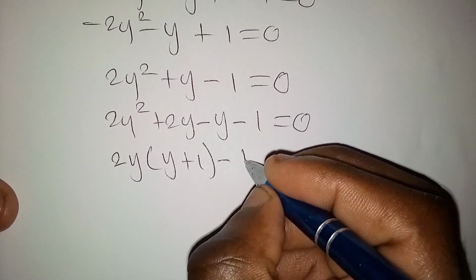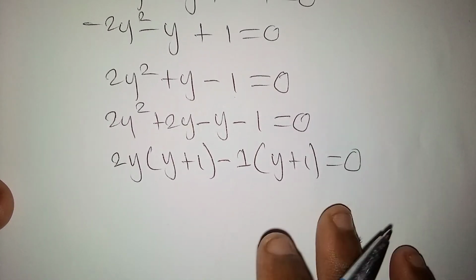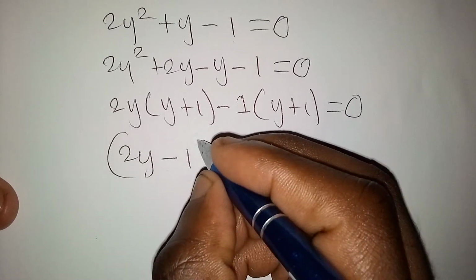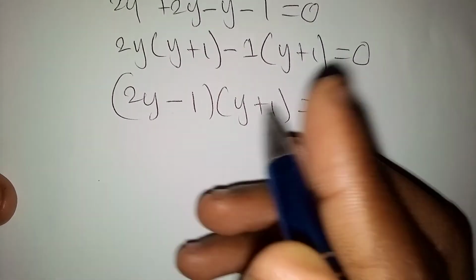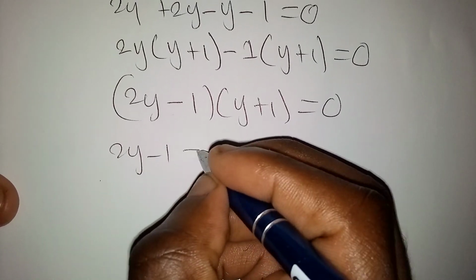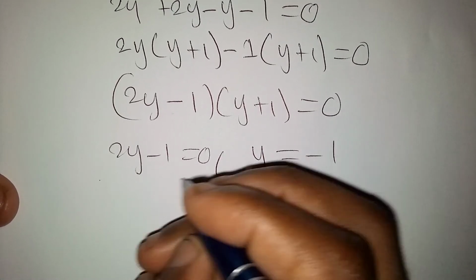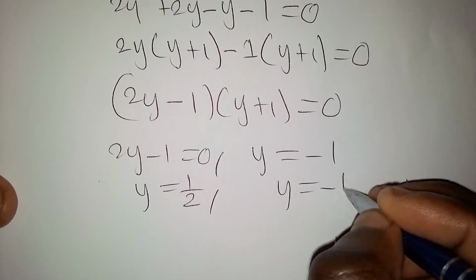We can factor out negative 1 here, y plus 1 equal to 0. Then from here we have 2y minus 1, then y plus 1 equal to 0. So 2y minus 1 is equal to 0, or y is equal to minus 1. y is equal to 1 over 2, or y is equal to negative 1.